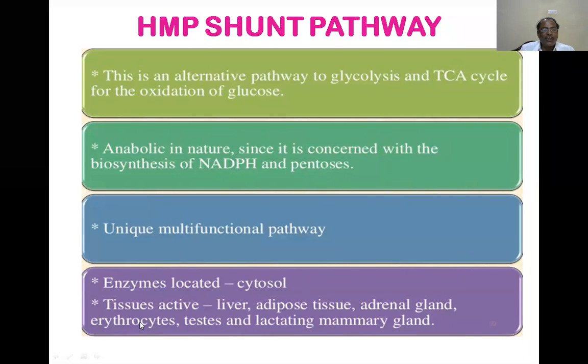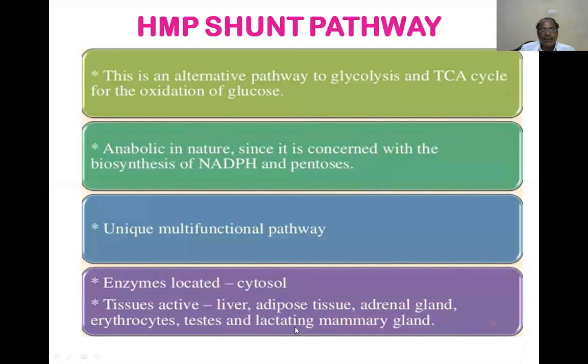To prevent this oxidation, glutathione gets oxidized. And once it gets oxidized, it can no more function. It needs to be brought back to the reduced form. For that purpose, NADPH is needed. And hence, the HMP shunt pathway needs to be active in the erythrocytes as well.